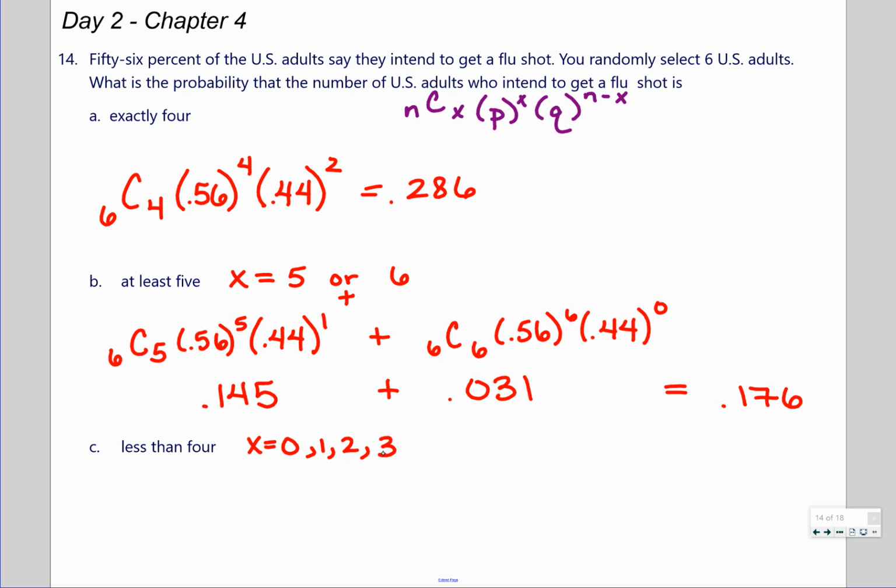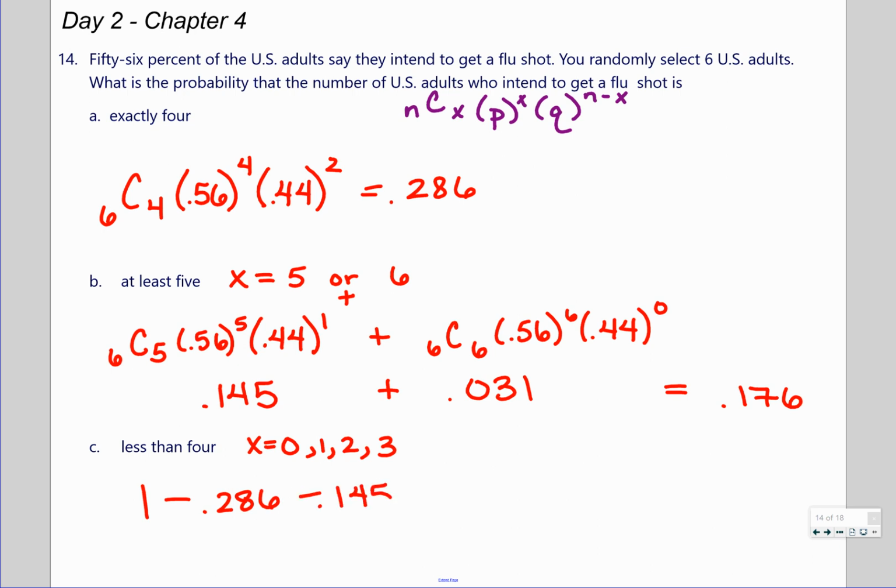So 2 ways to do this. Option number 1 is you can kind of do what we did in part B. So you can find when x is 0, x is 1, x is 2, x is 3, add them all up. Or you can see it's the complement of everything we've already found, right? So it's everything except 4, 5, and 6. And we already know the probabilities of 4, 5, and 6. So you could just do, I think that's the shortcut here, 1 minus the probabilities that we know.